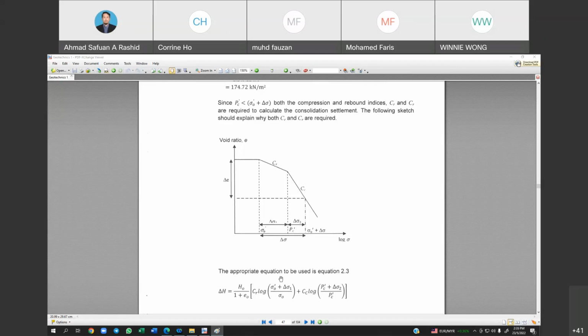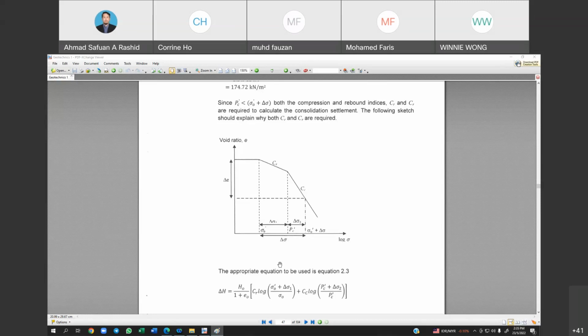So we can use the PC to represent delta sigma 1. Then we have CC log PC plus delta sigma 2 over PC.